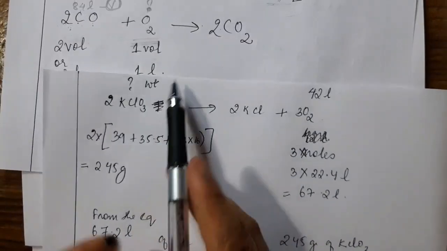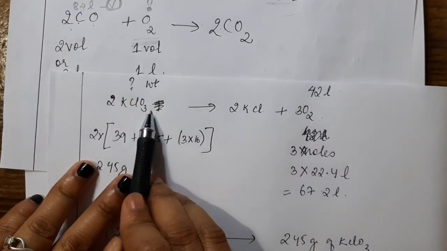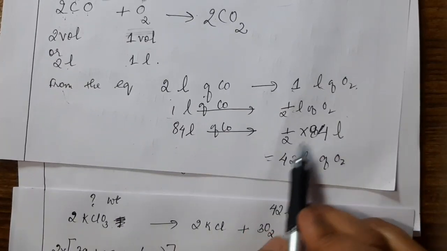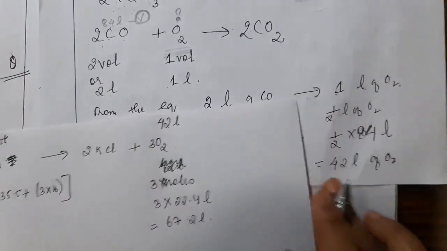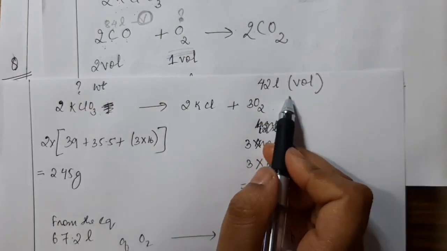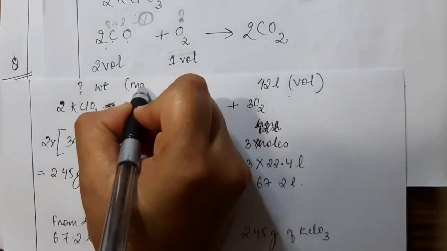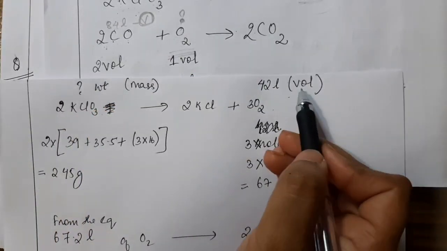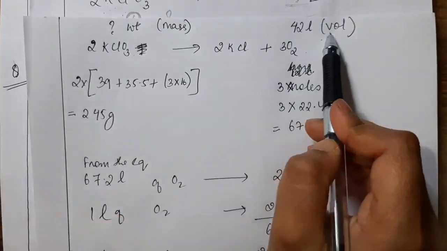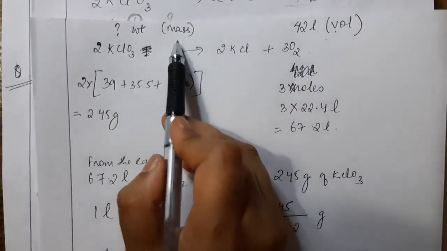Now we have to find out the weight of KClO3. So what we found out from the first equation is 42 liters of oxygen. This is what? Volume. You are given volume, you have to find out mass. So this question is relating volume and mass.